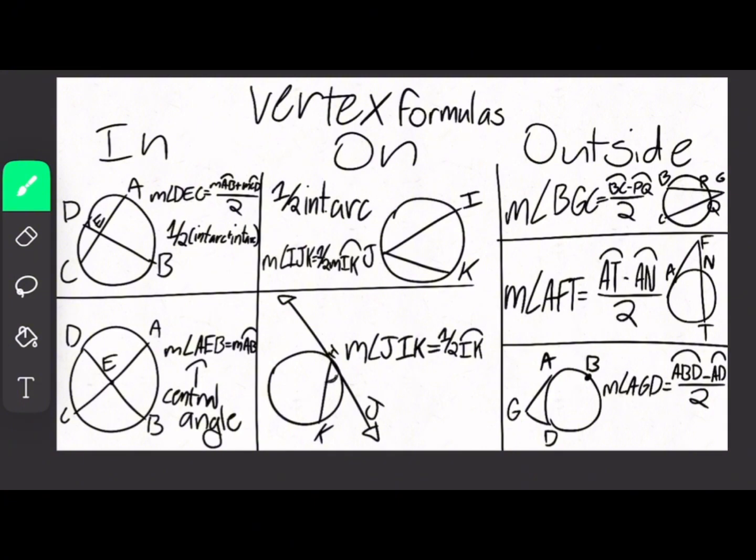Here it's the same. It looks weird, but it's the same. This is still a vertex on the circle, so measure of JIK would be 1/2 of arc IK, which is this one here.